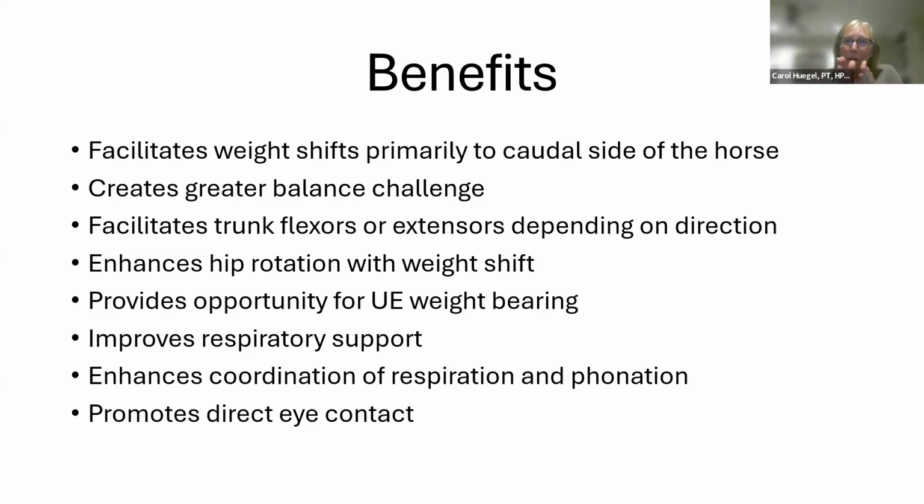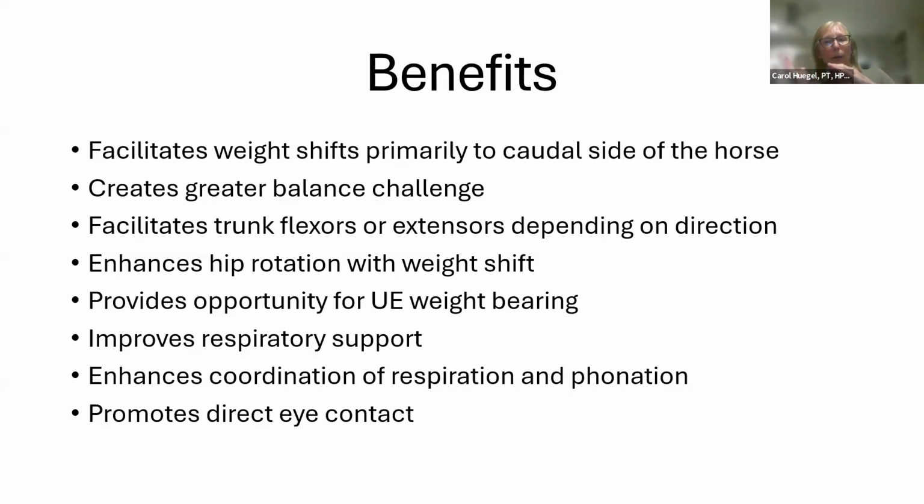So if you imagine that the horse is tracking left and the patient is facing the outside of the arena, they're going to get a greater shift forward. So a greater shift forward is going to be accentuating their extensors. If they were tracking left, but they were facing the inside of the arena, as they would shift they would come into a posterior pelvic tilt.